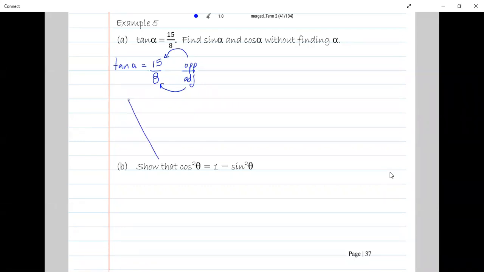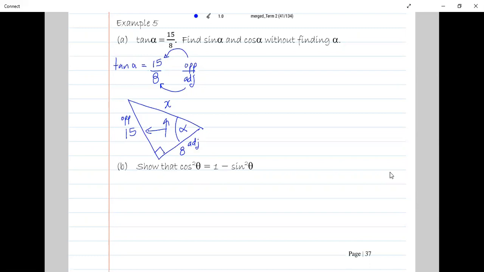So I'm going to draw a right angle triangle, putting in the angle alpha. The side here is opposite, which is associated with 15. This side is the hypotenuse, which we don't know. And the other side is the adjacent side, and this would be 8.